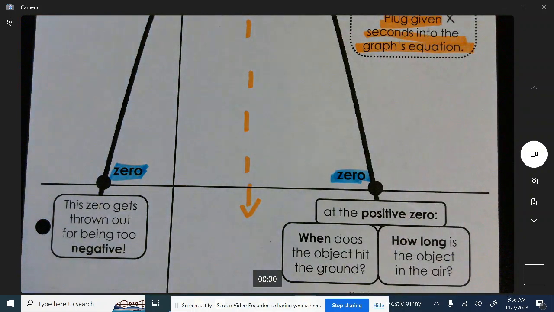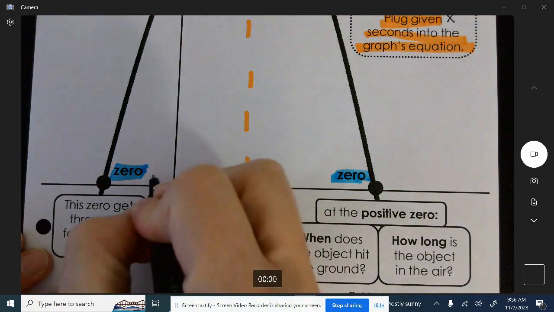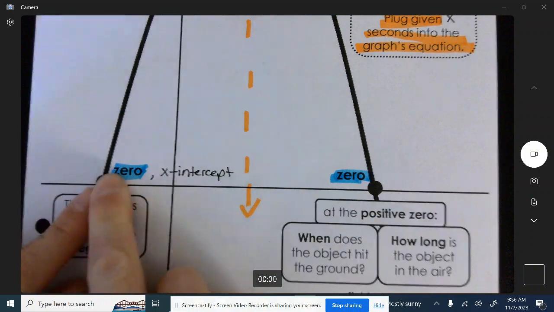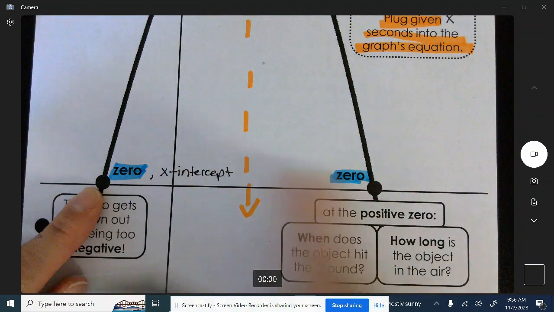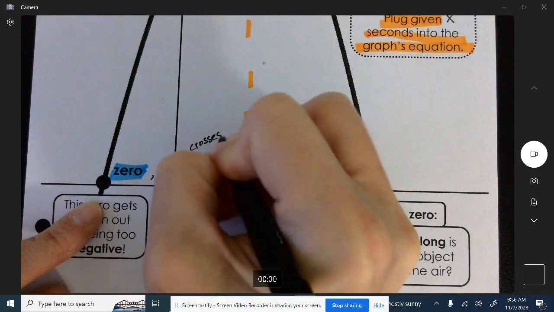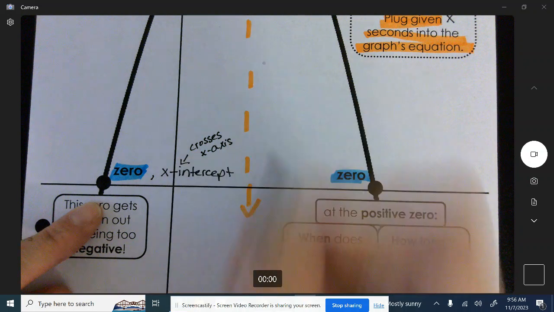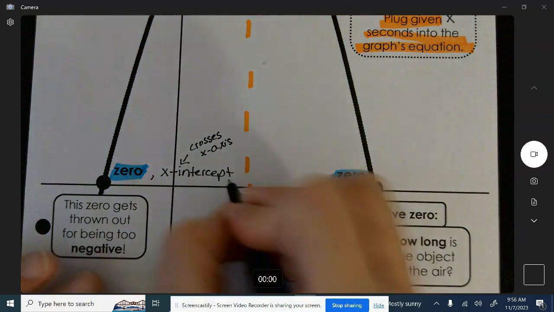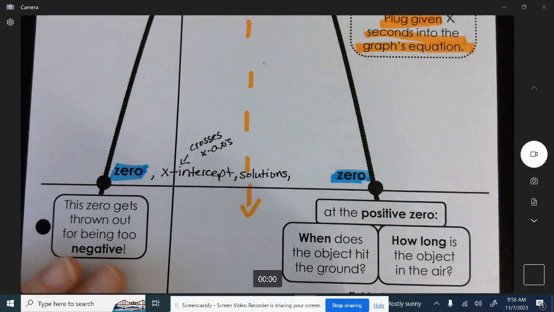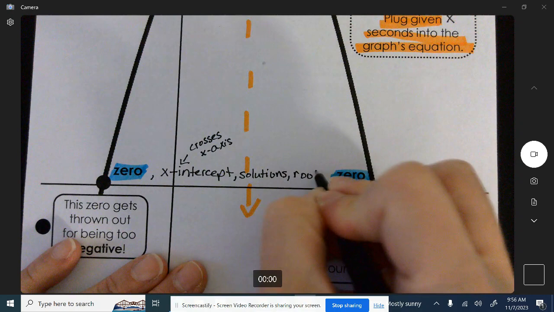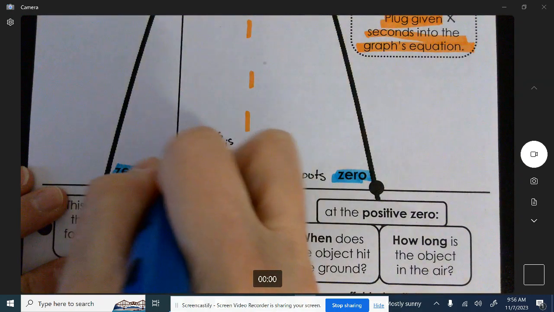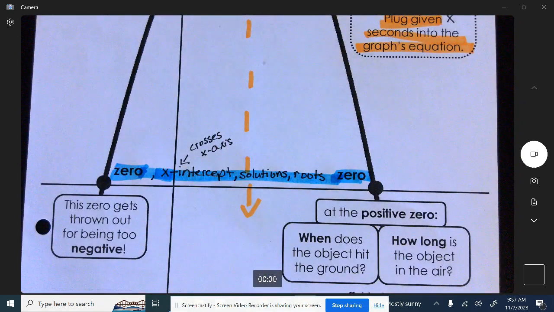Those words are zero, x-intercept, where it crosses the x-axis, solutions, and roots.